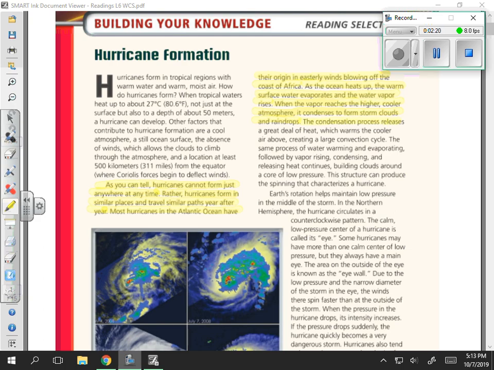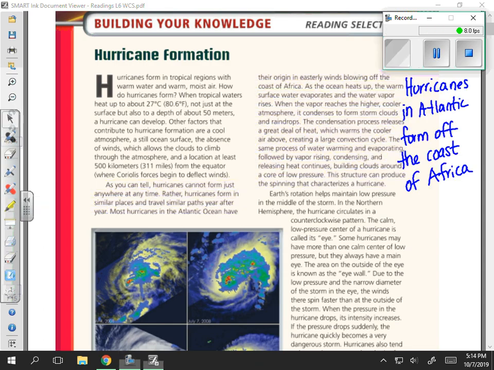The condensation process releases a great deal of heat, which warms the cooler air above, creating a large convection cycle. The same process of water warming and evaporating, followed by water vapor rising, condensing, and releasing heat, continues, building clouds around a core of low pressure. This structure can produce spinning that characterizes a hurricane.